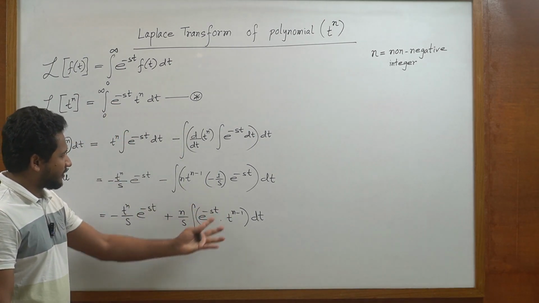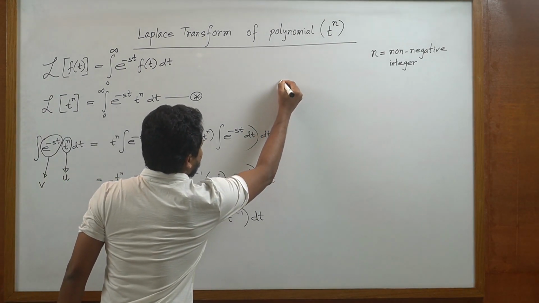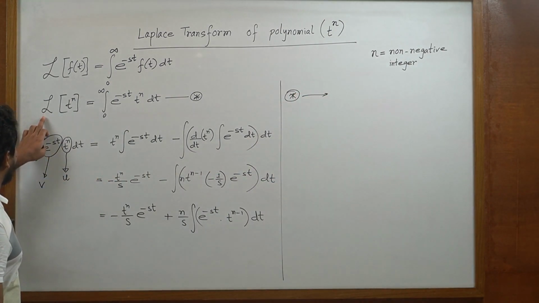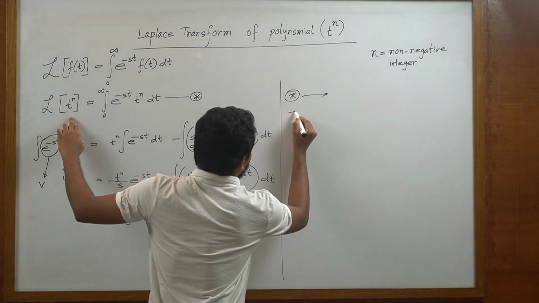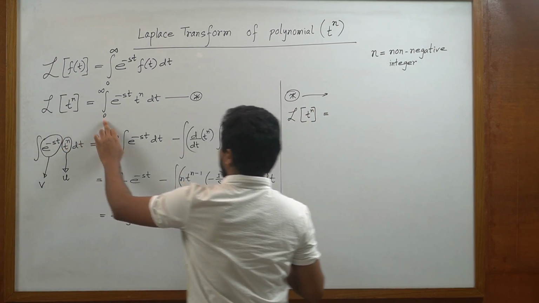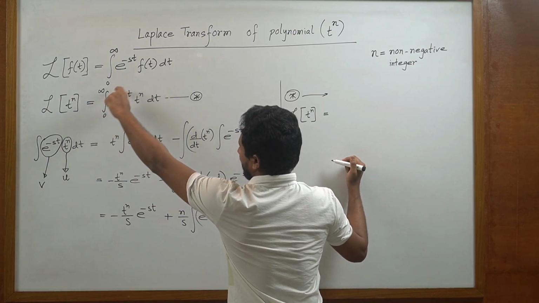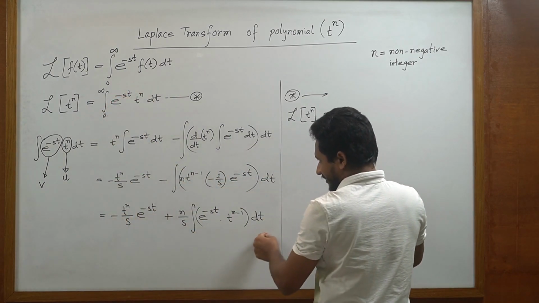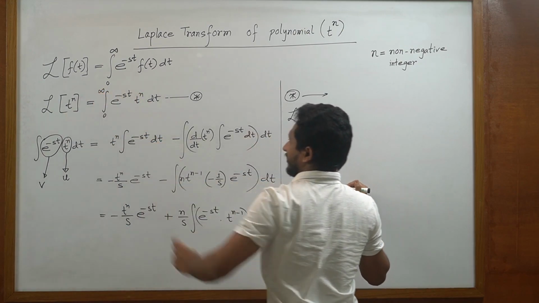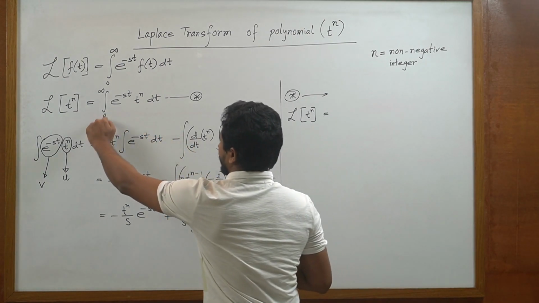So the star equation becomes the Laplace transform of t to the power n equals, in here we can replace this part, but here the limit is concerned, so we will replace this part with the limit from 0 to infinity.